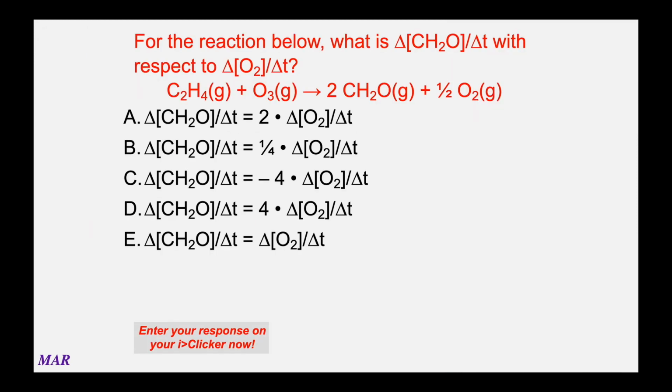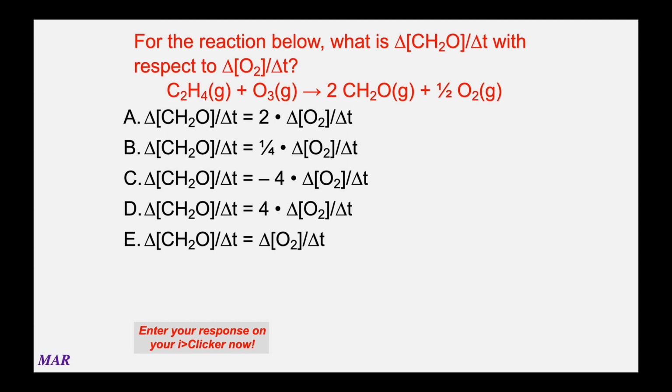First question, for the reaction below, what is the change of CH2O over change in time with respect to change in O2 over change in time? And there's the equation right there. Now, this question goes along with how to describe the rates of reactants and products.